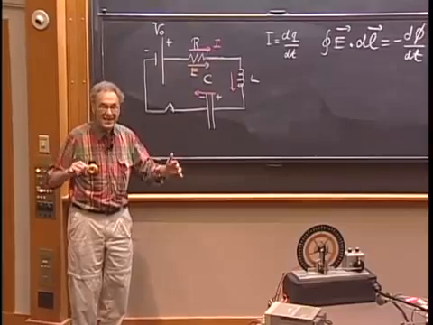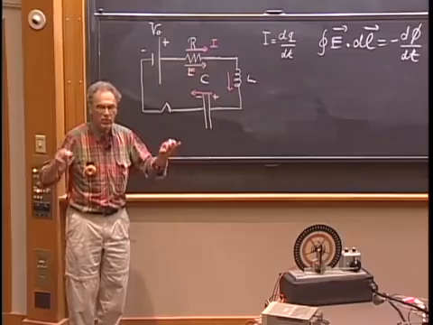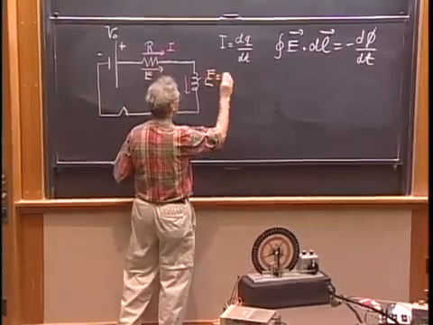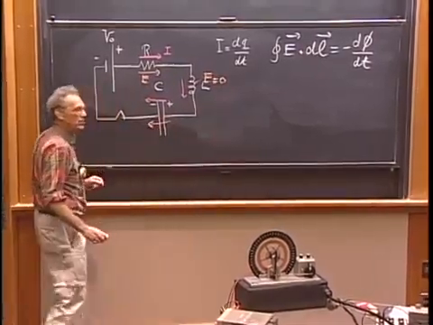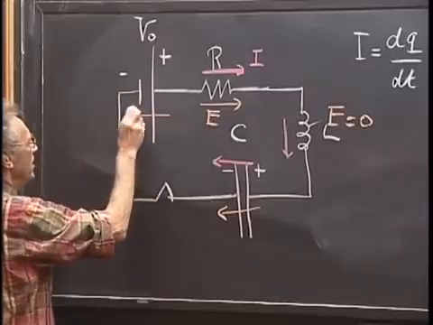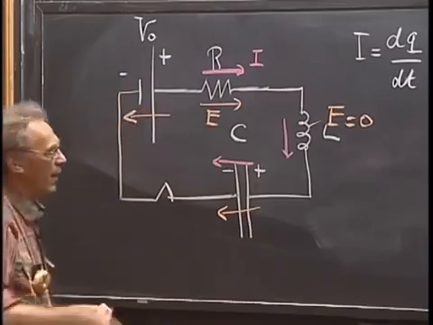Unlike what many EE people think, there is never any electric field inside a self-inductor. So the E here is 0. This is plus and this is minus, so the electric field is in this direction. And so the electric field is opposing me if I go around clockwise.